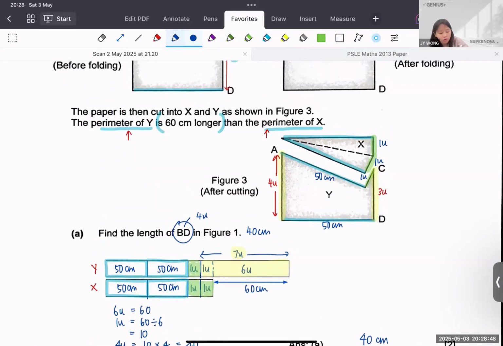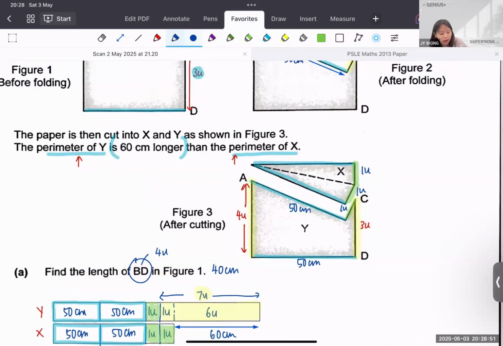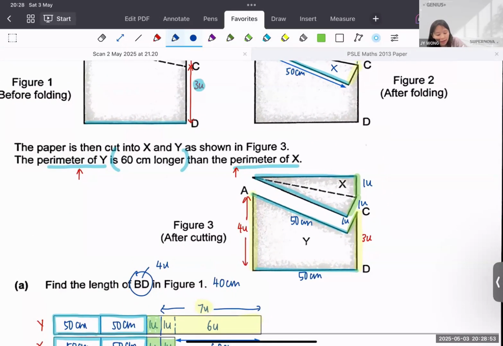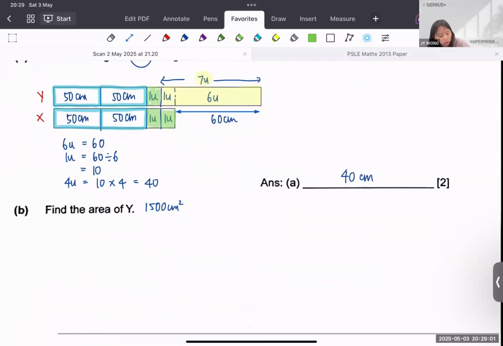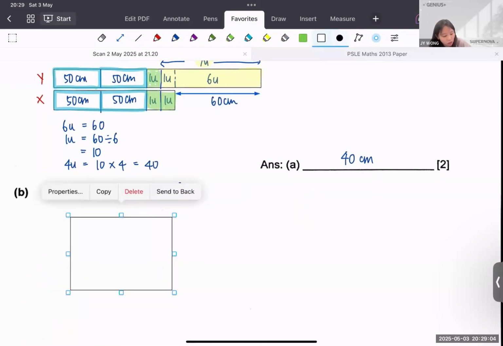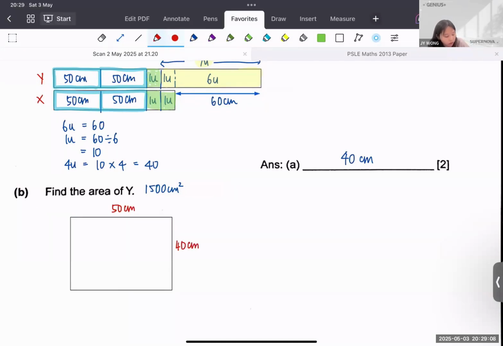Y is not a shape that you know how to find, but you do know that X and Y together will give you the original paper, which I already know the dimension of now. What is the dimension? So if I were to draw, this is the whole paper, right? This is 50 cm. And I found that this is 40 cm, right?